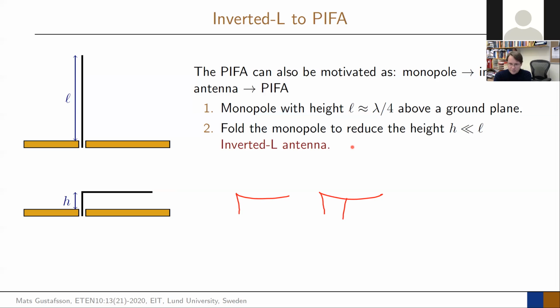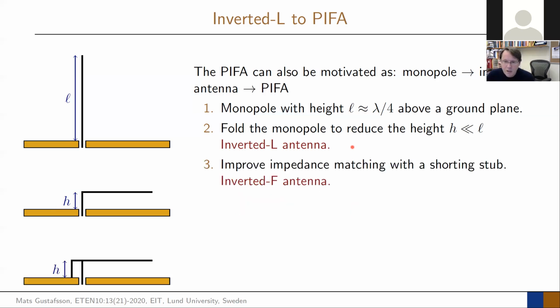In most cases, this is the fed element as it's there. So what we do from the L antenna is add a piece that goes out and is short-circuited to the ground. You add a short circuit to it, and then we have our F antenna. So here is our F. And that is now the inverted F antenna.